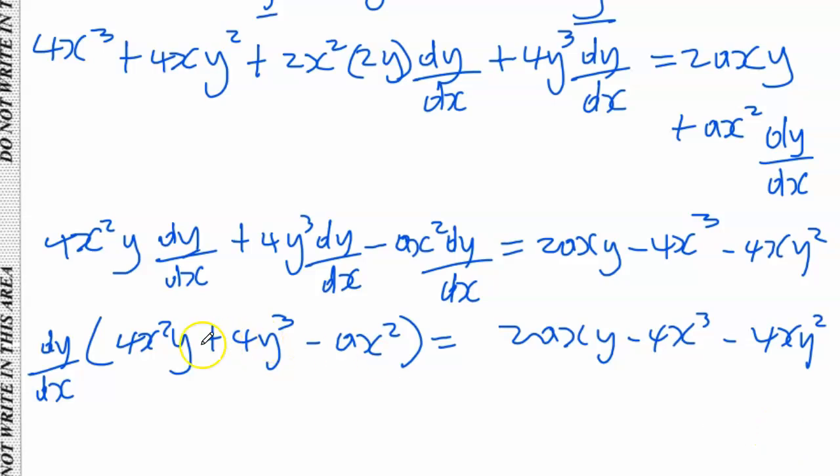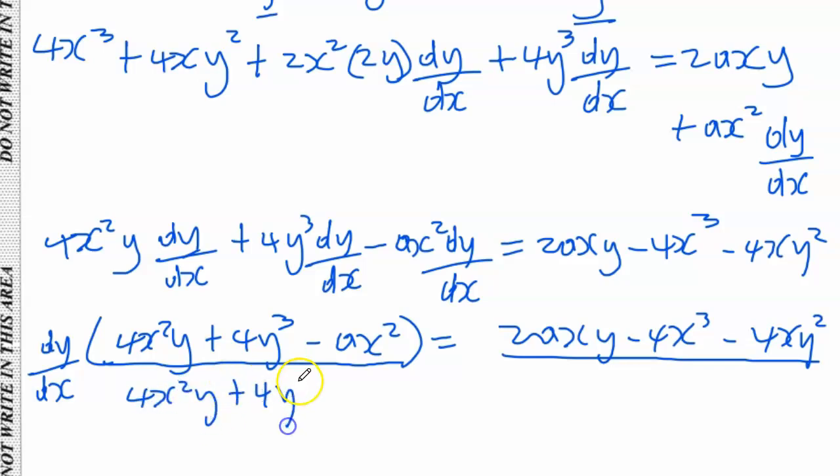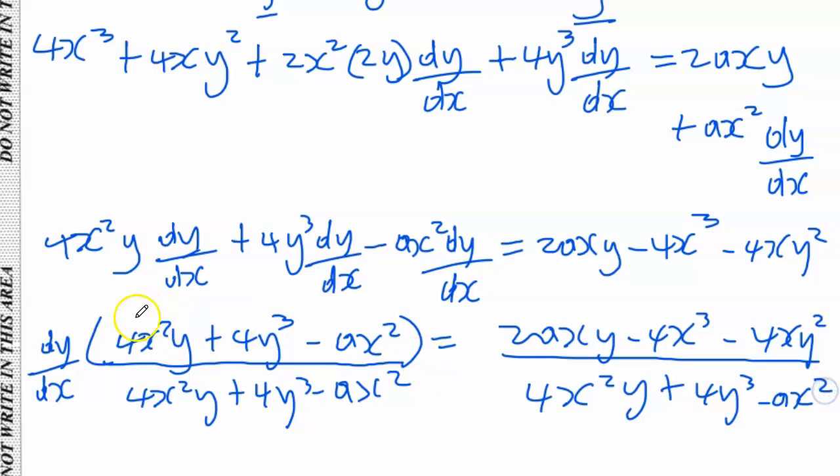So we divide both sides by the bracket here. This bracket into itself gives us 1. So dy by dx is equal to all that we have here on the right hand side. 2axy minus 4x cubed minus 4xy squared over 4x squared y plus 4y cubed minus ax squared.